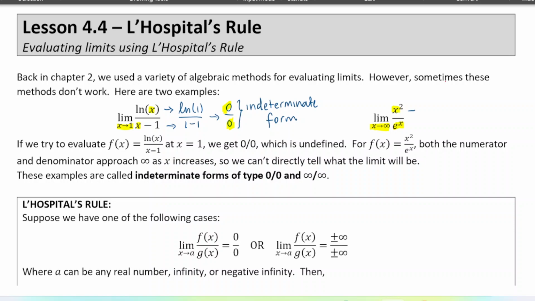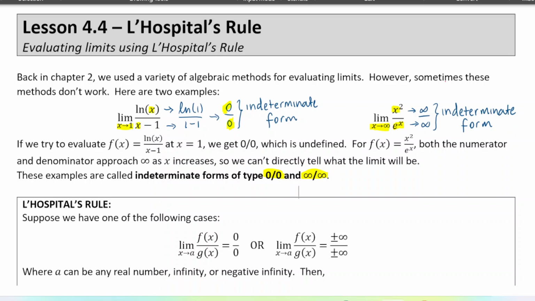So we don't really know what's going on here. Which function will win out? Which function is the dominant function, the numerator or the denominator? And so this is also an indeterminate form. We don't know the answer, and so we can use L'Hopital's rule for this too. So whenever you get 0 over 0 or infinity over infinity, we can use L'Hopital's rule.